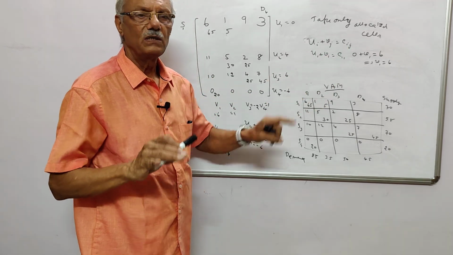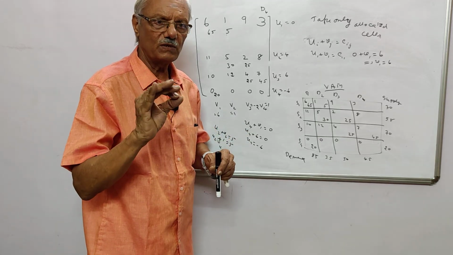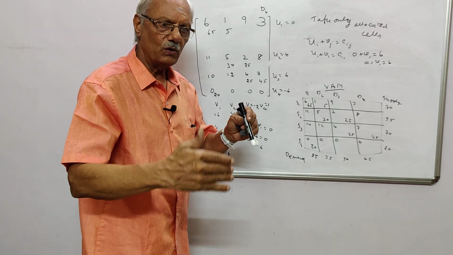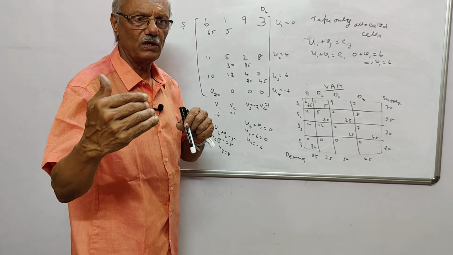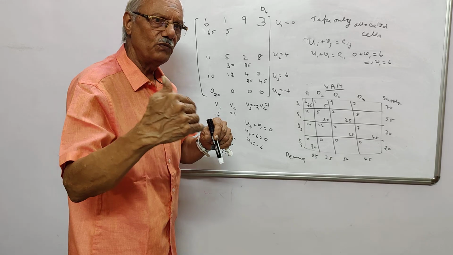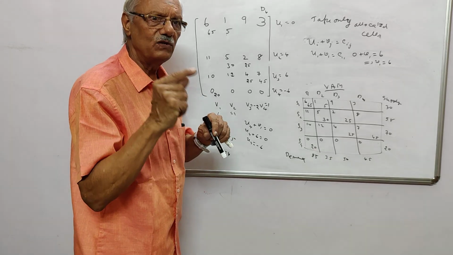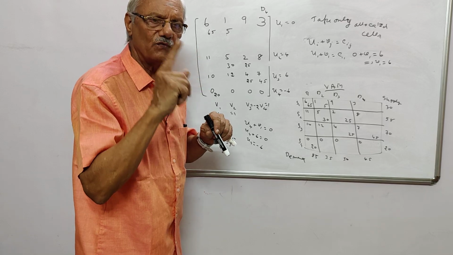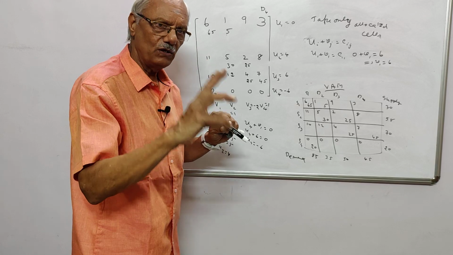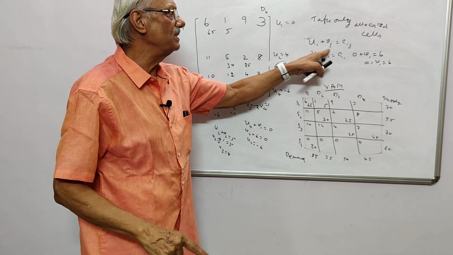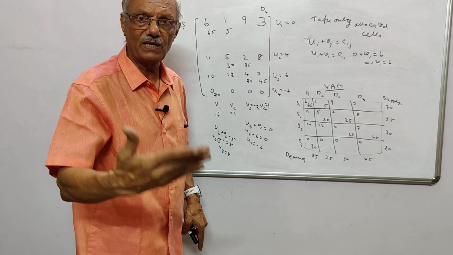What you must understand is, you name the rows and columns as u1, u2, u3 up to un and v1, v2, v3 up to vn, then assign the value 0 to any one of the variables which has the maximum number of allocations, and then use the formula ui plus vj is equal to cij to get the values of all the variables.